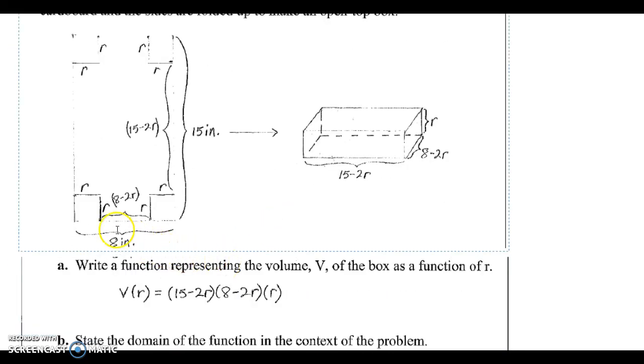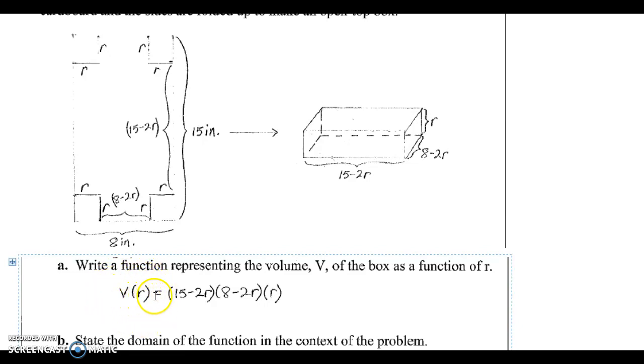Part A asks you to write a function representing the volume of the box as a function of R. Pretty easy to do once you have the picture here, as long as you know that the volume of a rectangular prism, also known as a box, is length times width times height. So the volume with respect to R, and you could have just written V equals, but you'll get used to seeing this function notation.